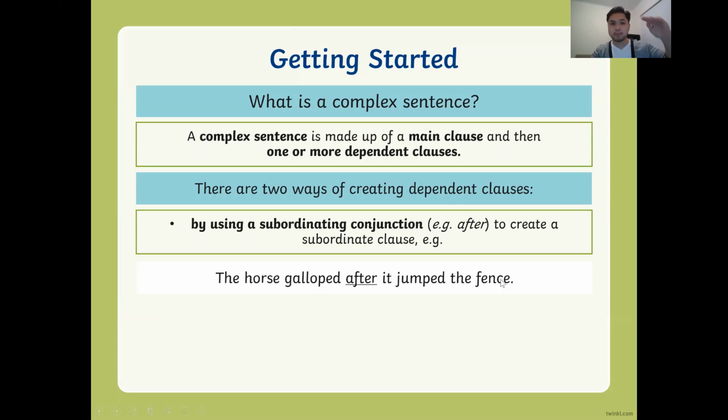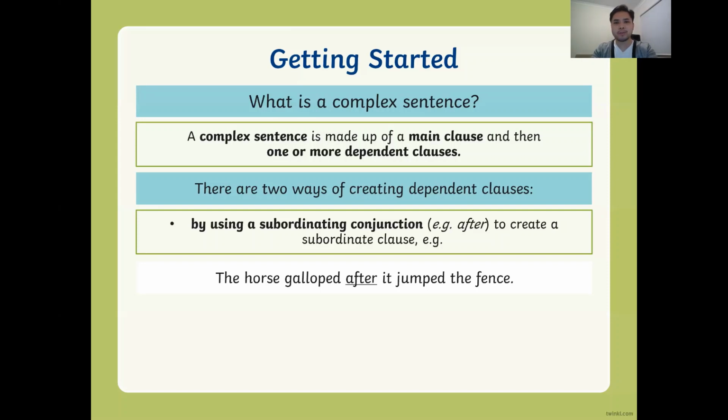So remember the word sub, that means under. And the word conjunction is kind of like a word that connects other words. So in other words, it's a text connective. So the word after is a subordinating conjunction because it is ranked lower than the main clause, but it connects the two clauses together, okay?